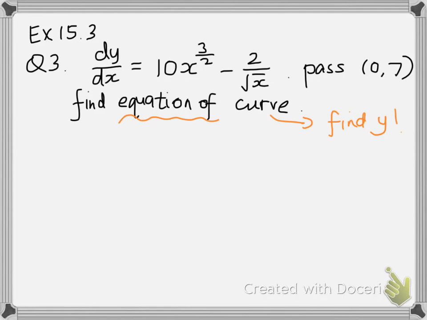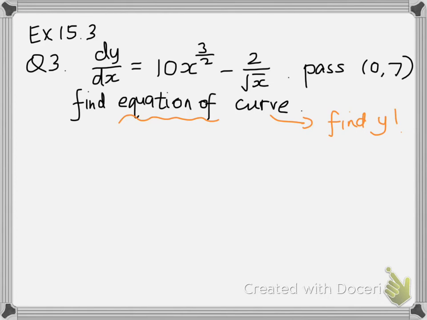If you sub x inside that dy dx, you get the gradient at that point, 0, 7. But that is the gradient only at that point, and this is the equation of the curve. So it doesn't work that way. If you're asked to find the equation of the tangent, yes, that will be done. But this is not, because you are asked to find the equation of the curve.